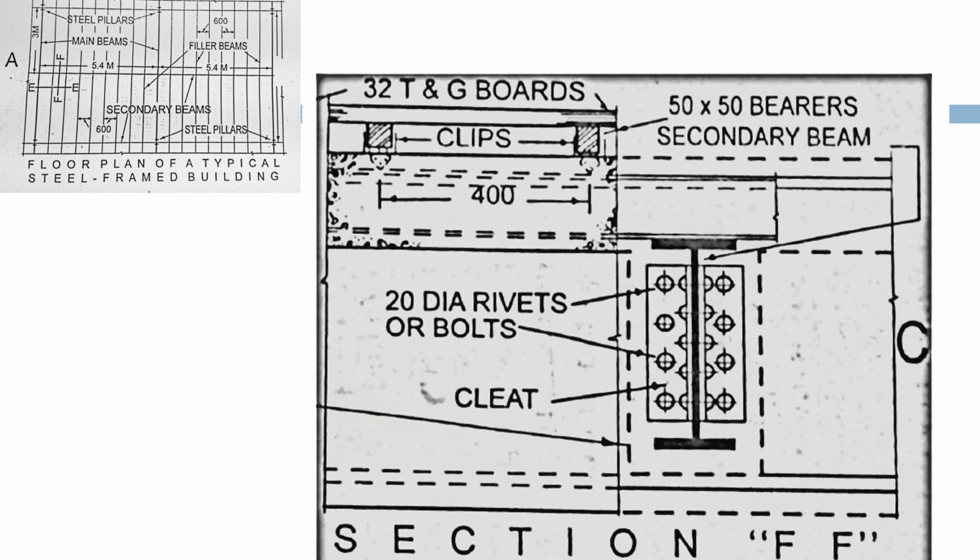Now this is section FF, as you can see here. Here you can see that this is the secondary beam which has been fixed to the main beam using similar cleats and 20 dia rivets or bolts. Now these are the clips that we saw in the previous slide, and these are 50 by 50 bearers.